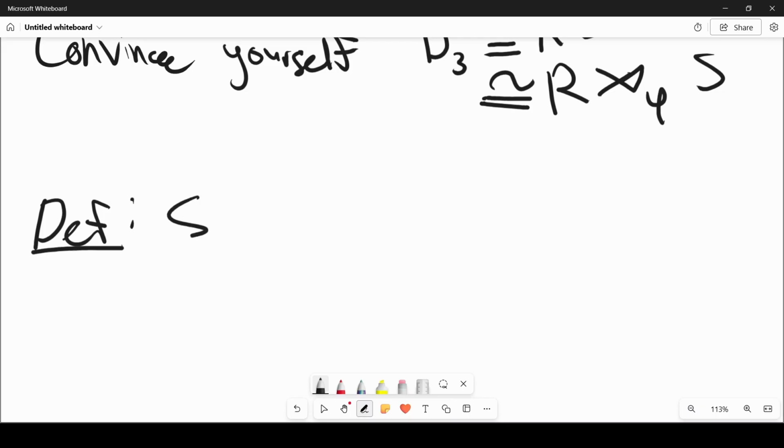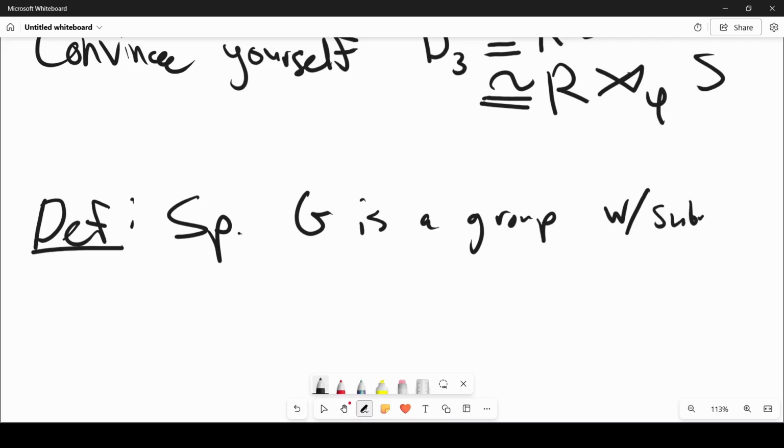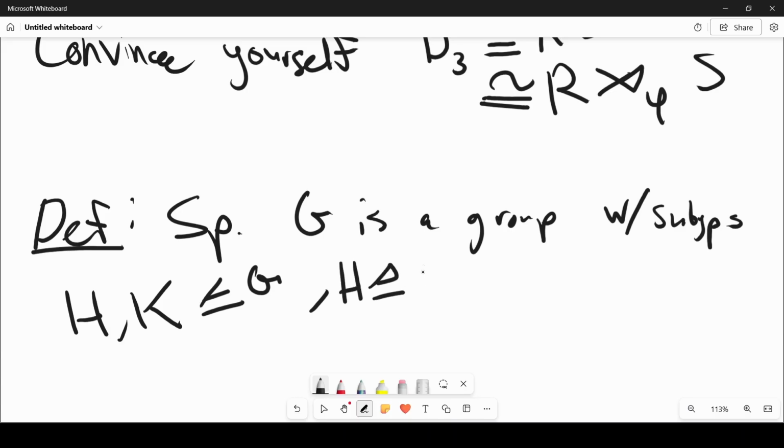So let's suppose G is a group with subgroups H and K, and we have that H is normal in G. So this is a setup we had before. Now let phi be a map from K into the automorphisms of H.